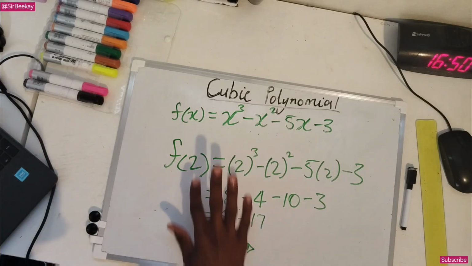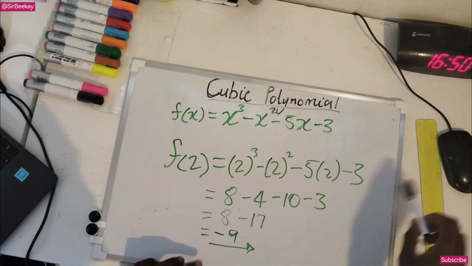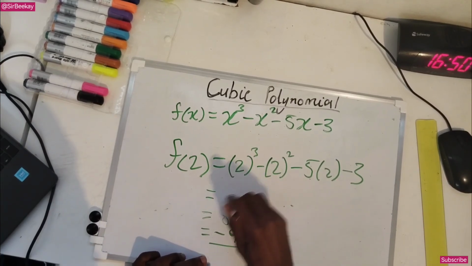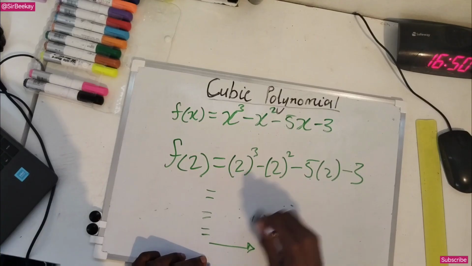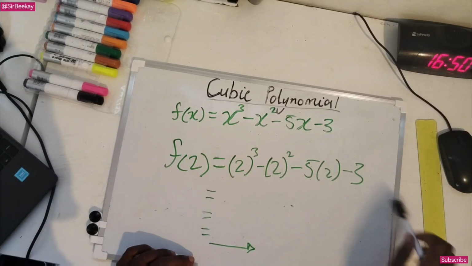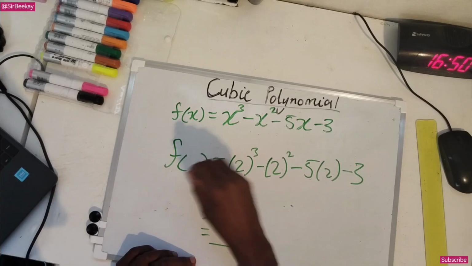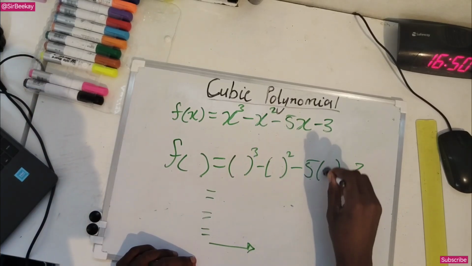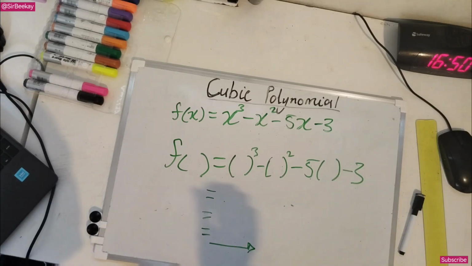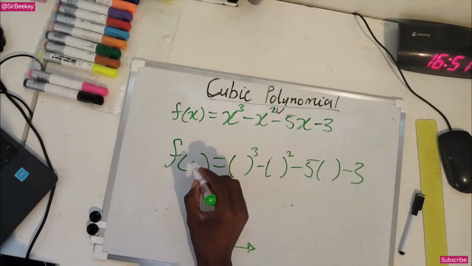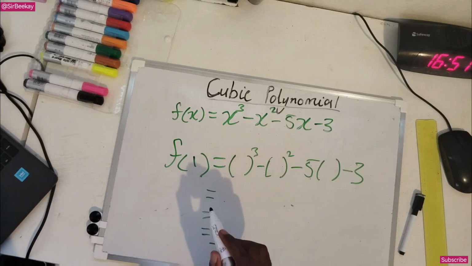Let me try a new number. Remember, I want a number that will give me 0 as my final answer when I put it in my cubic function.